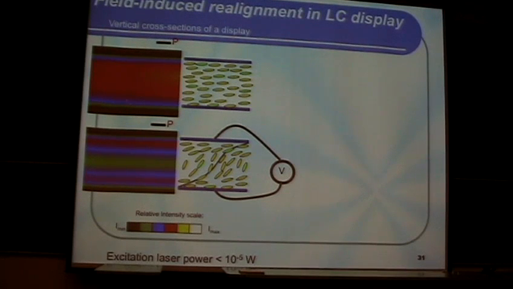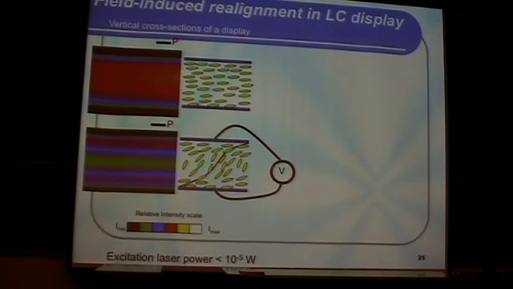Now, if you look at the confocal microscopy image, unlike with conventional imaging techniques, we can obtain such an image in the vertical cross-section, as shown here.